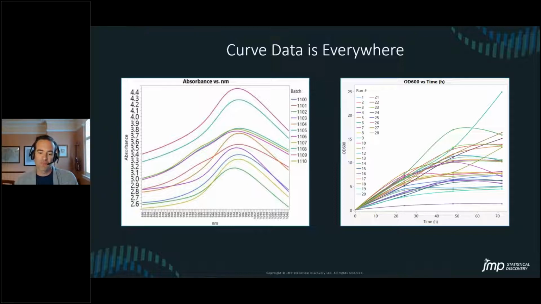And then in biological processes like fermentation, you're often looking at how things are growing versus time, and you'll take samples, you'll take measurements throughout the fermentation process. Things like OD as a measure of cell growth. So these curves are generated in lots of places. A lot of the time, the thing that we care about is some kind of curve or functional data, as we call it.